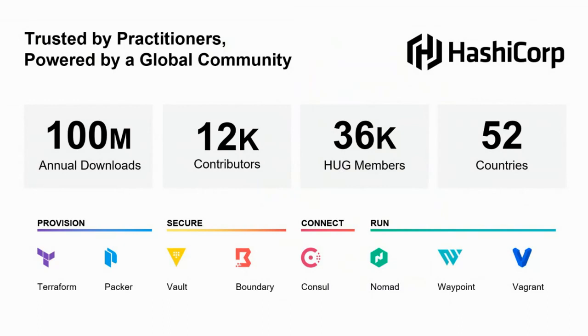So it creates a dynamic connection layer that all of our architecture components can draw from in order to dynamically attach to each other. And then run is the entire environment. It actually manages the runtime components of all of these things that we've been talking about. So provision, secure, connect, and run are the four phases in the life cycle that you go through.